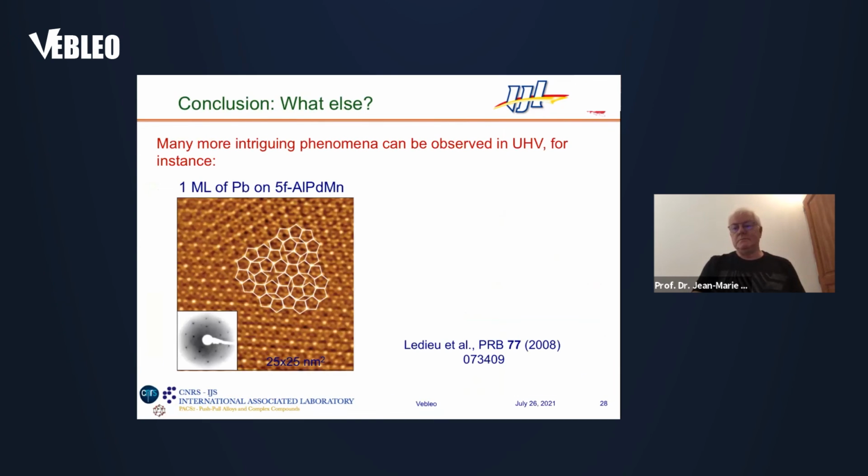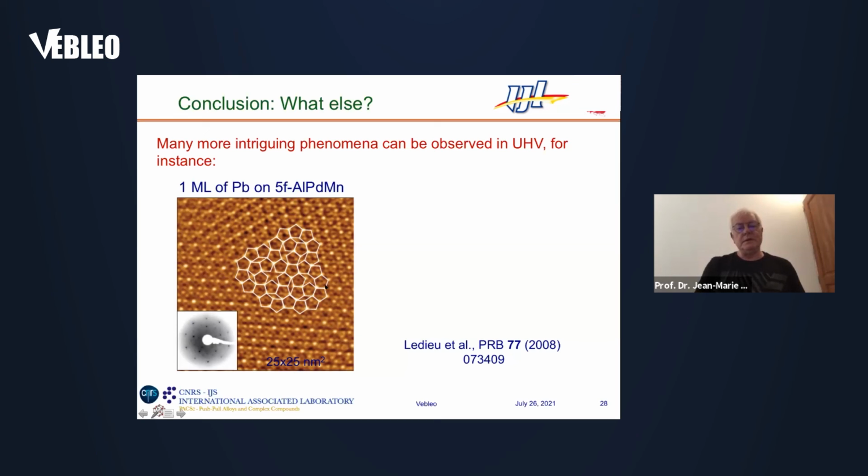Okay, I'm close to my conclusion. So there are many more phenomena. I was too short in time to go to the details. I show you just one example of a layer of lead atoms templated on a 5-fold surface of a quasicrystal.